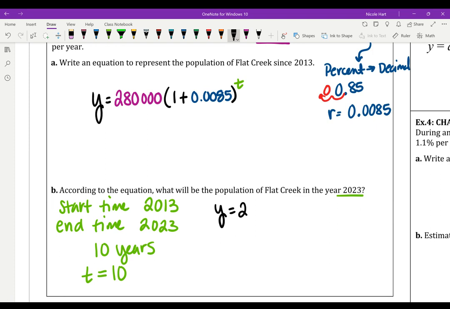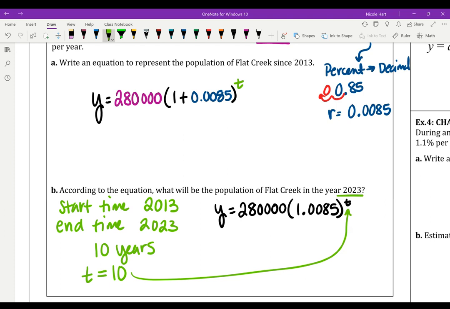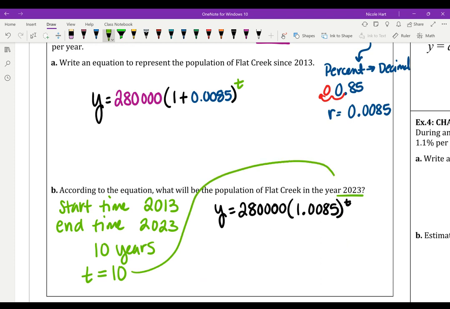So y equals 280,000(1 + 0.0085), or you can just go ahead and put 1.0085, and again, that t, we're going to replace with 10. And we can do that in our calculator. So we are going to have 280,000 times 1.0085, and 10 as our exponent.